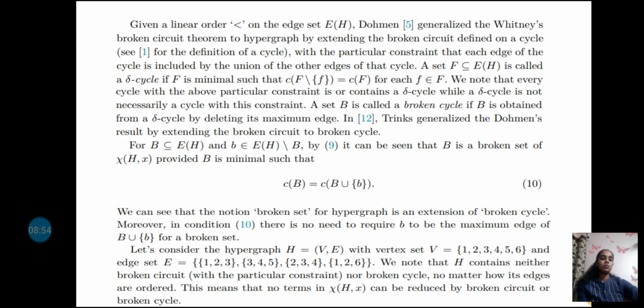A set F is called an omega-circuit if F is minimal such that every cycle with the above constraint is or contains an omega-circuit, while an omega-circuit is not necessarily a cycle with this constraint. A set B is called a broken cycle if B is obtained from an omega-cycle by deleting its maximum edge.